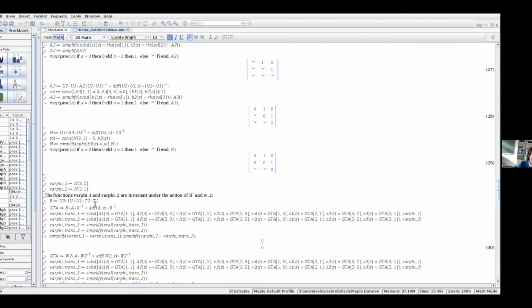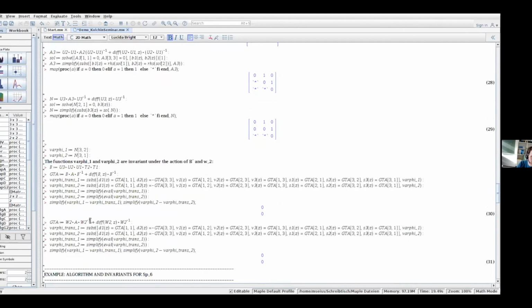We define them, and now we check that they're invariant under gauge transformations of the Borel group and under the simple reflection corresponding to alpha 2. So first of all, under the Borel subgroup gauge transform, we substitute, simplify.